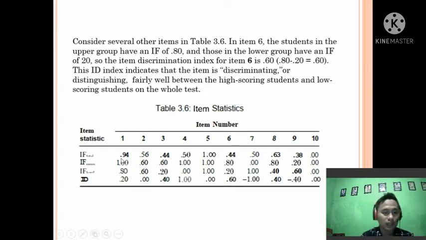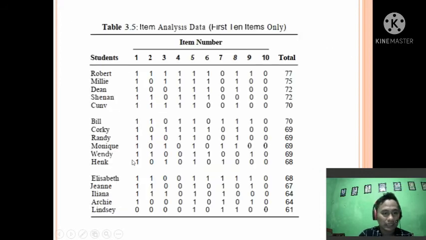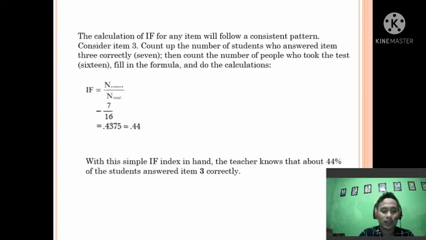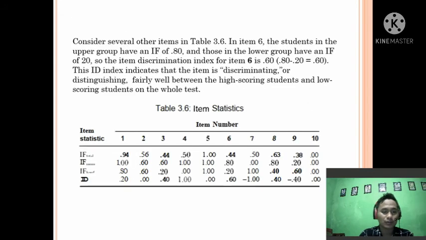This one is the upper group. The upper group is Robert and friends. The lower group is Elizabeth and friends. Robert is upper and Elizabeth is lower. In Robert's group there are 5 students.